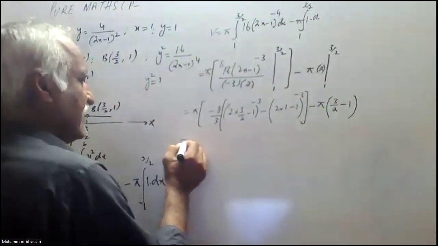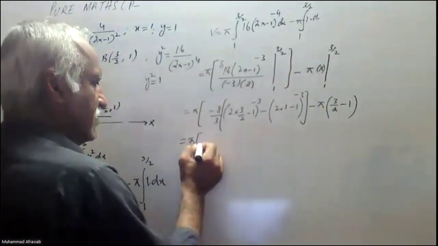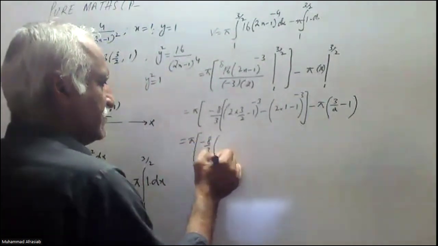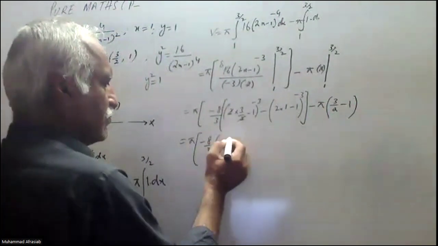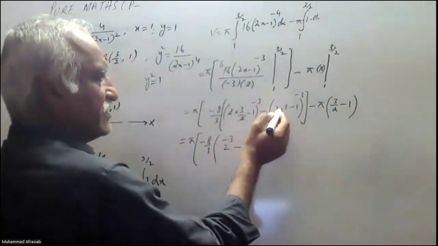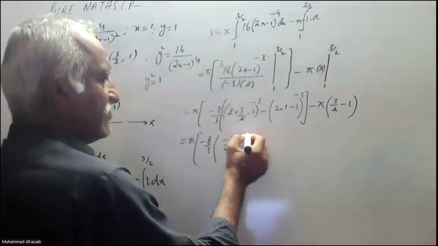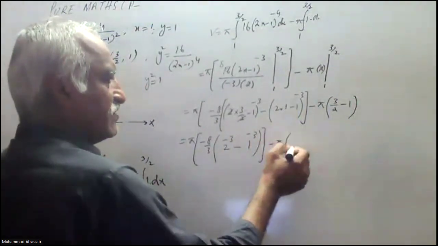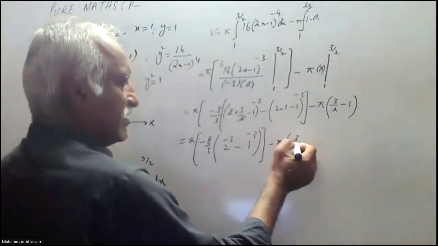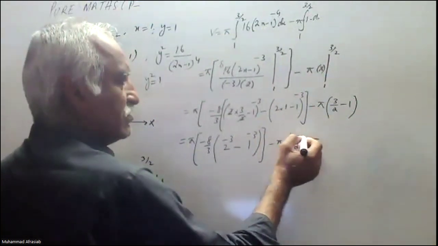So we can write this as pi as it is, minus 8 over 3, (3 minus 1) which is 2 power minus 3, minus (2 minus 1) which is 1 power minus 3, minus pi, take the LCM, it would be 3 over 2.